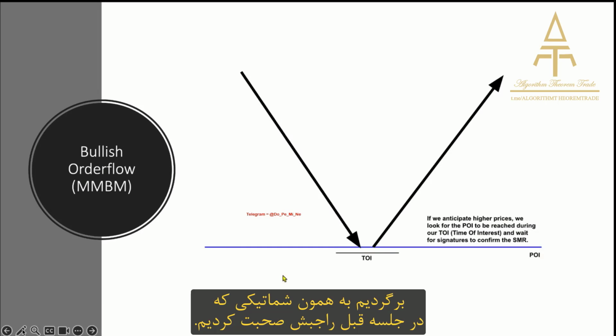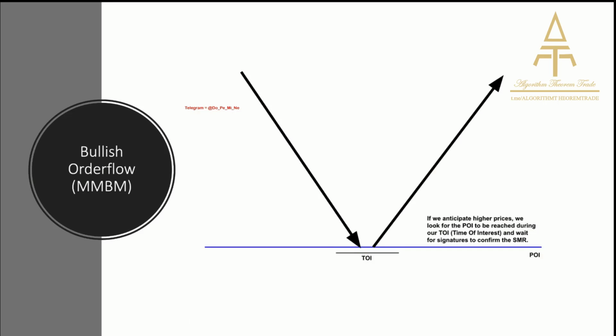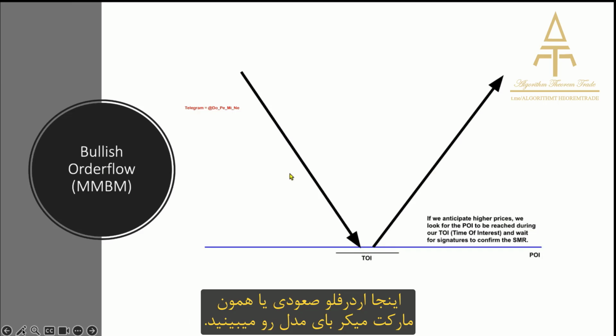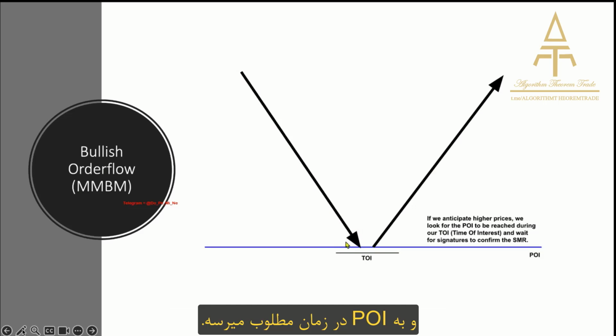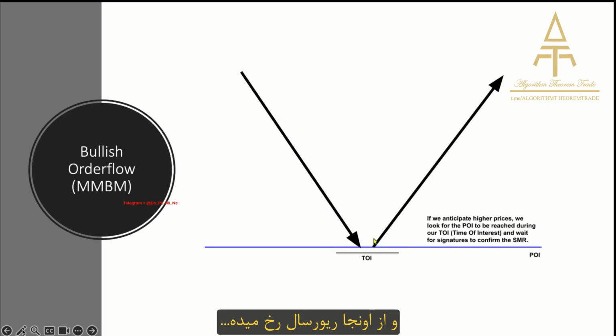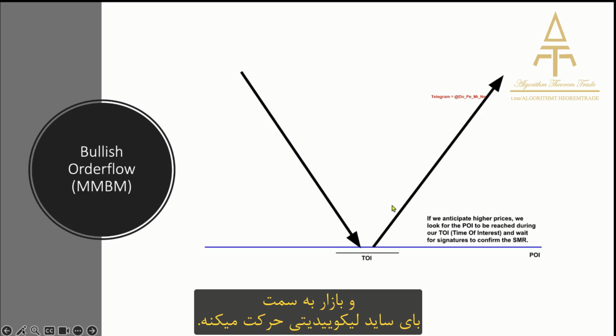So let us take a look at the schematic that was shared with you initially during the last lecture. In this schematic, we can see bullish order flow, aka a market maker buy model. We can see the sell side of the curve right here. Sell side delivery occurs into a point of interest during a time of interest, and from there a smart money reversal occurs and the market reverses and goes higher, targeting buy side liquidity.